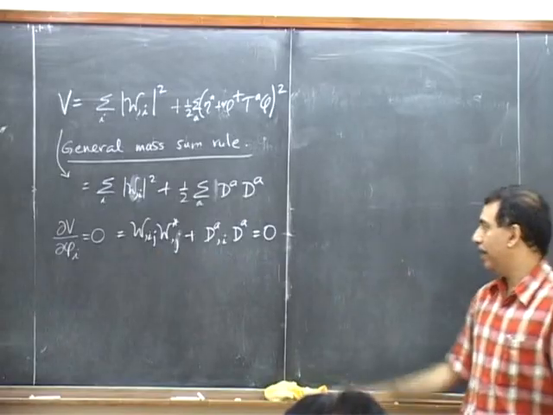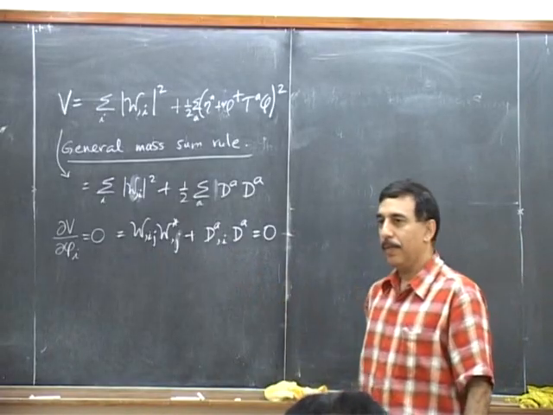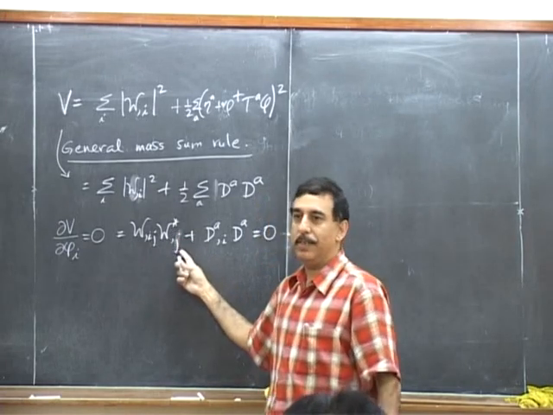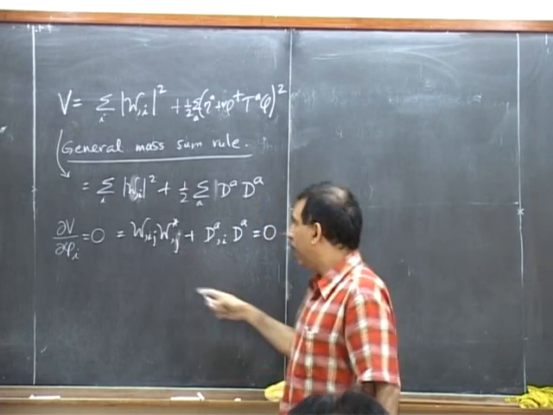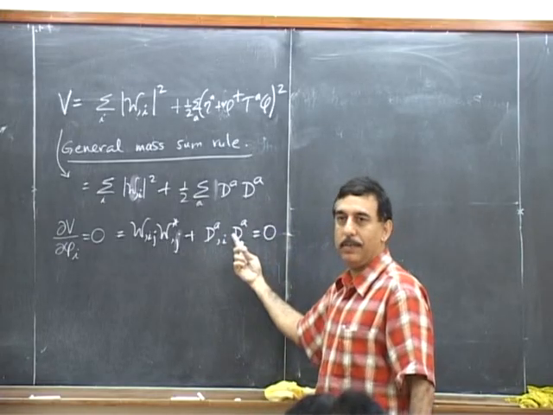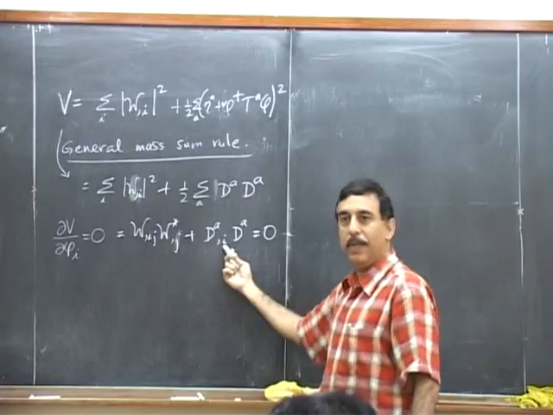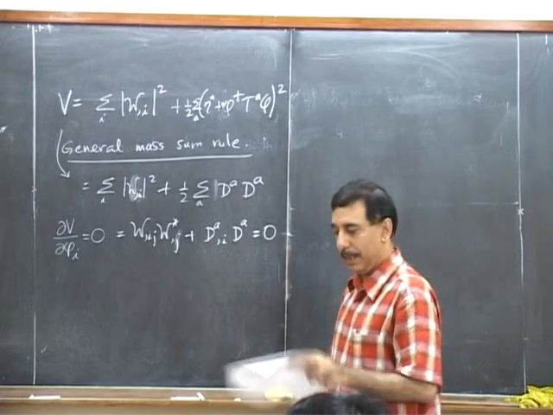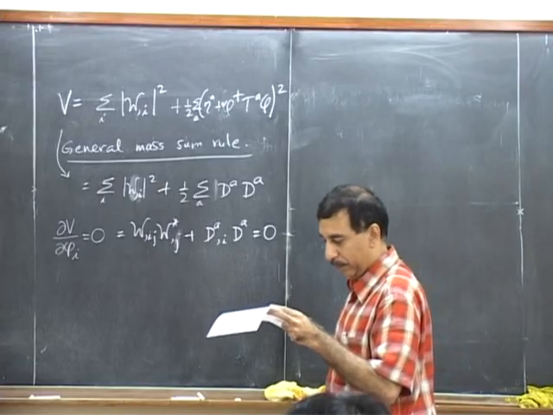Okay, so the comma i means differentiation in phi_i. In the case of W star, comma j means differentiation in phi_j star. In the case of D, it will be a little more ambiguous because D depends on both phi and phi star. So this particular one means differentiation in phi_i, and if it's i star, then I'll put a bar to indicate that.